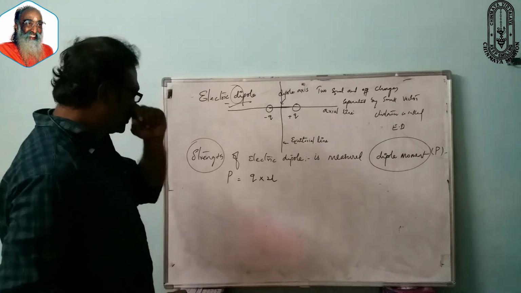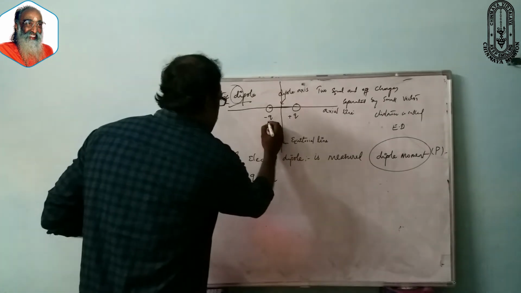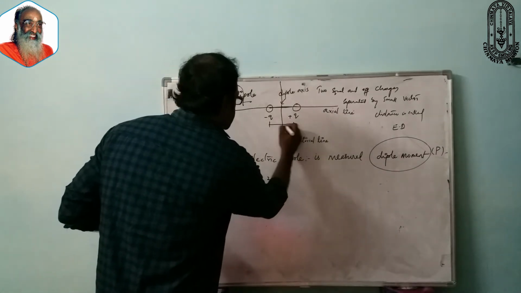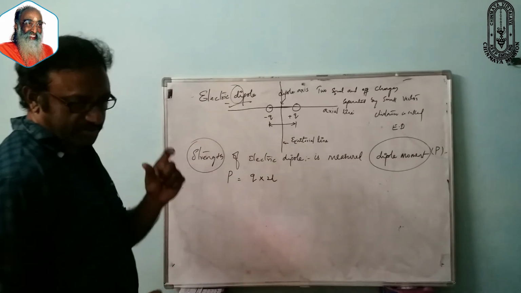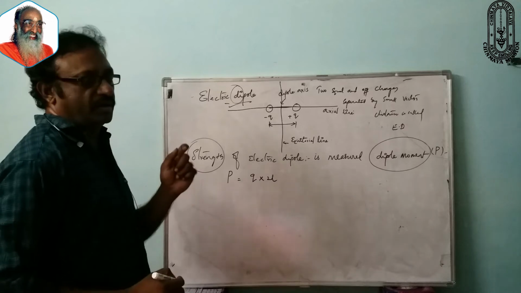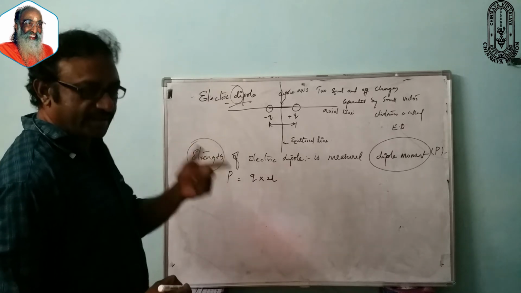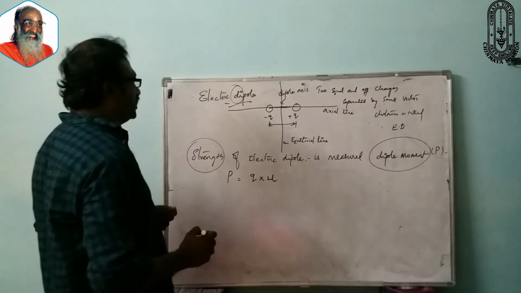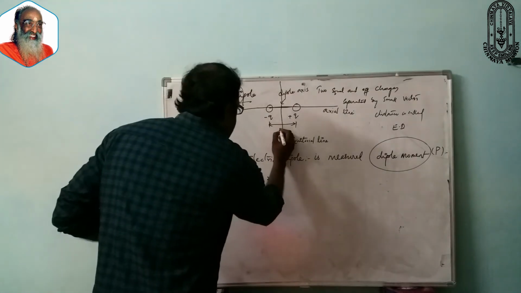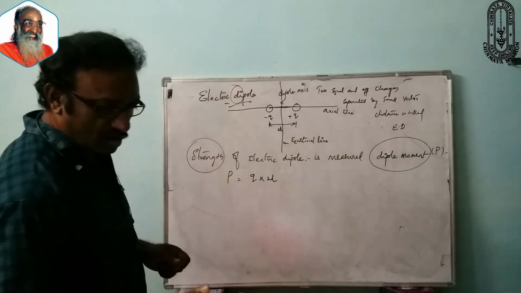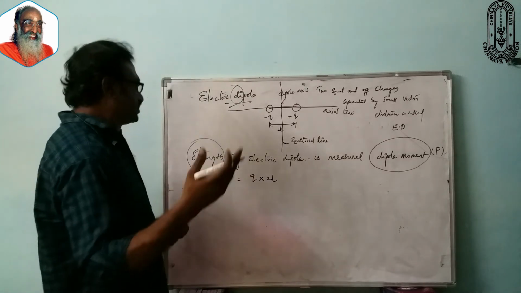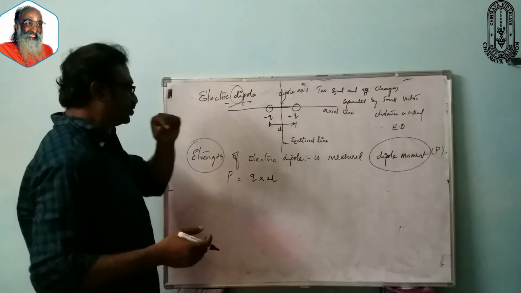The two charges are separated by some distance, and usually we represent the separation by R or X or D or L or something else. Here we specify it by 2L or 2X or 2R or 2D or 2P, something like that. Later we will find the use of it.